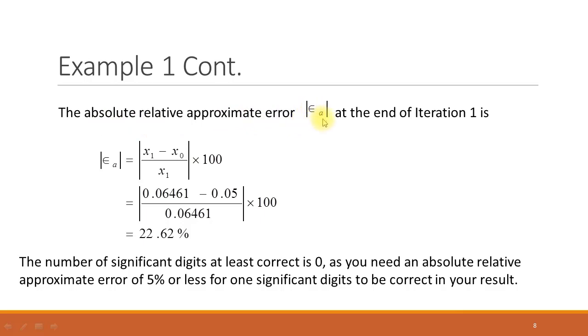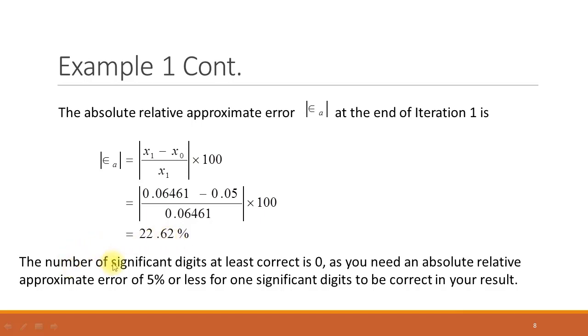Now for this first iteration, to find the absolute relative approximate error, absolute epsilon alpha, at the end of this first iteration, it is given by the formula absolute epsilon alpha is equal to absolute x1 minus x naught divided by x1 multiplied by 100. Putting the values of x1 and x naught, we obtain the absolute relative approximate error as 22.62%.